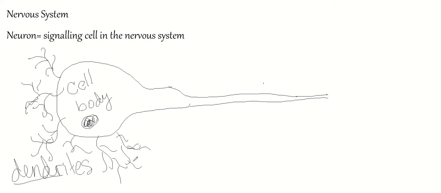Now on the dendrites, which you won't normally see drawn because there are so many of them and they're really small, there are these little tiny projections, and we call those dendritic spines.